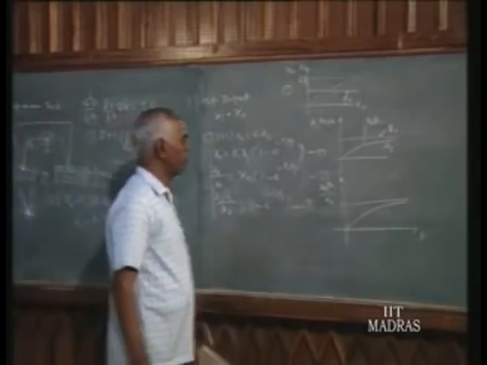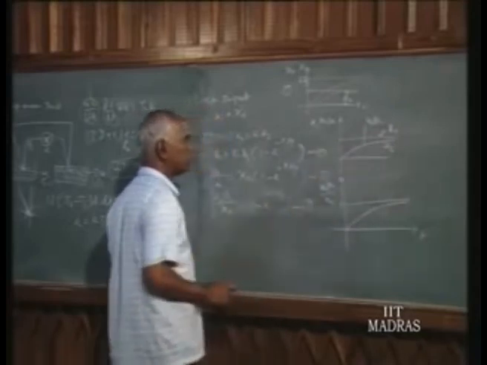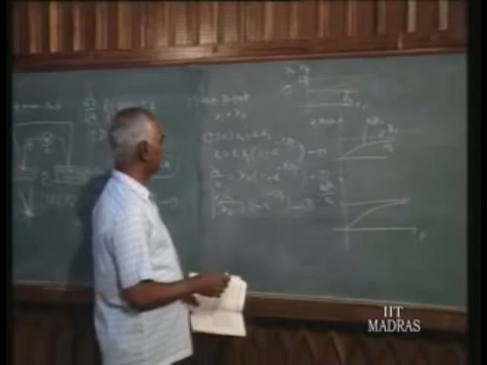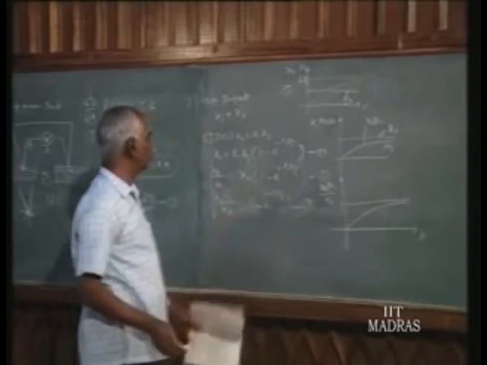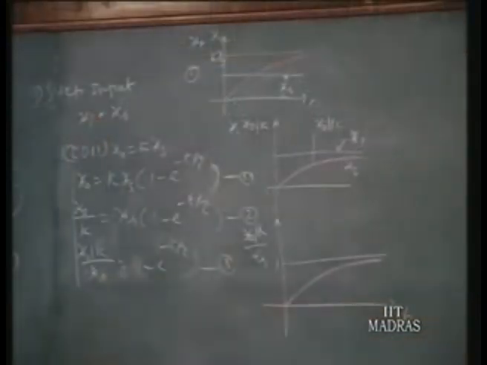From here, what we learn: suppose you take the second one, Xo by K should finally be equal to Xs, the input signal.